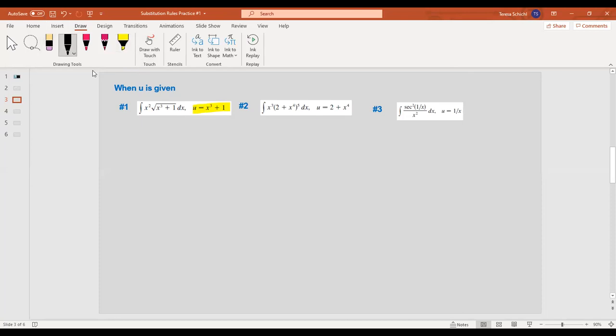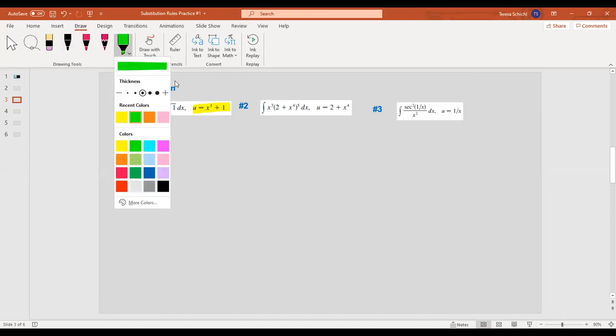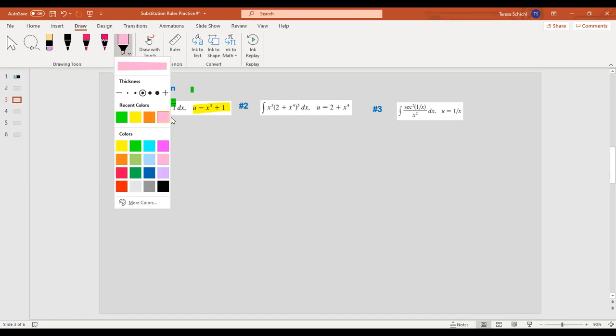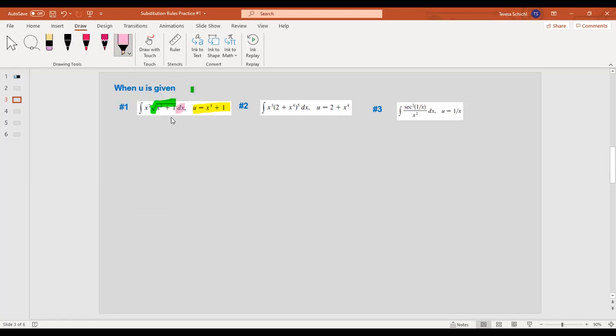Like we talked about during our lecture series, this is the u. So now we identify what could be the function. I know that this square root could be our function, and the remaining terms will be the dx and the x squared.